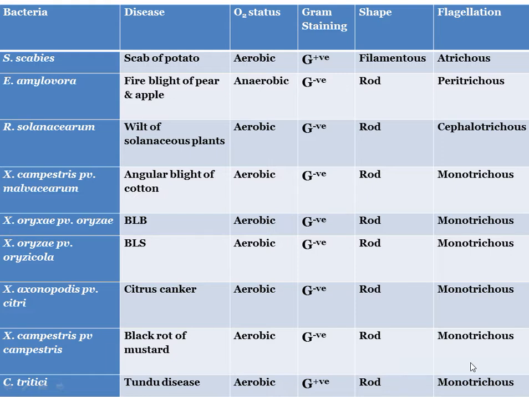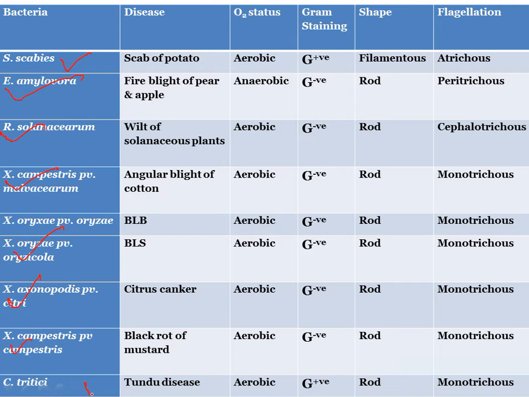Five types of bacteria: Streptomyces, Erwinia amylovora, Ralstonia, Xanthomonas, and Clavibacter.